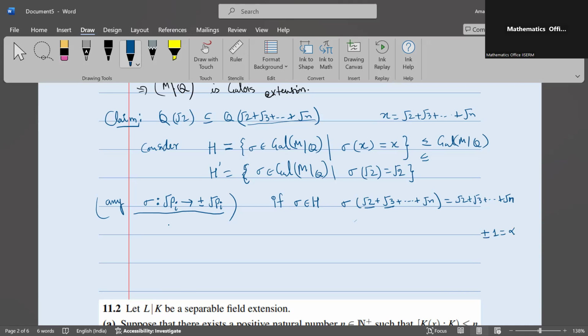Okay. Alpha is a variable at some choice. So what happens here?